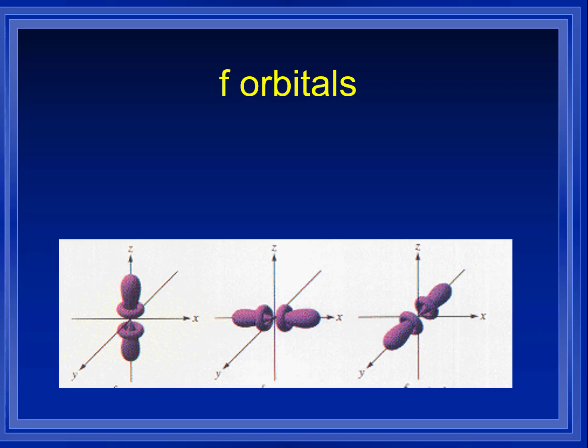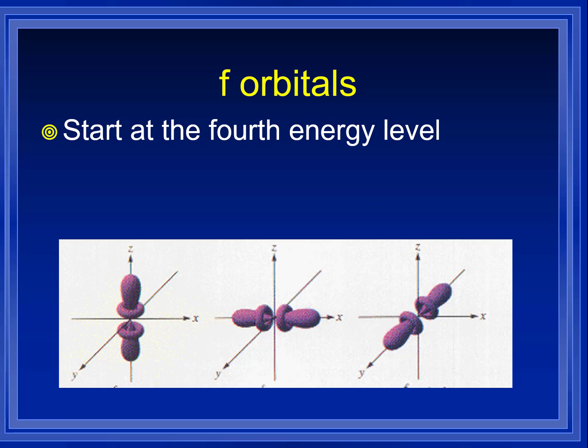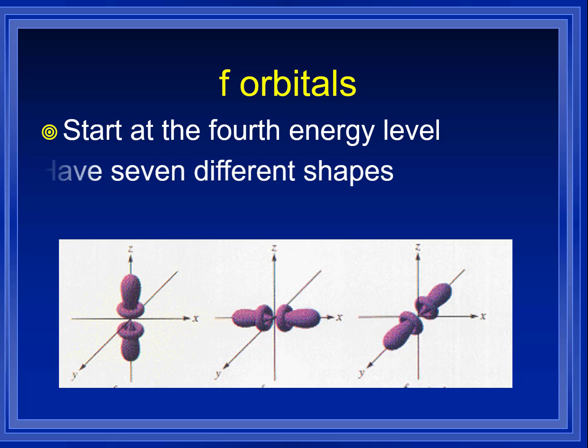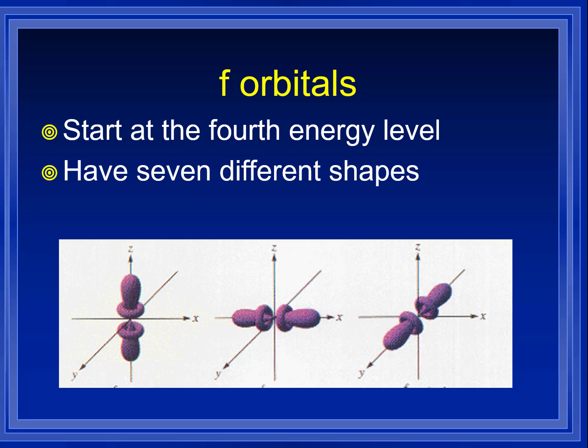Okay. We should be able to fill in the next few lines, right? It starts on the 4th energy level. 1, 3, 5, 7. I couldn't get all 7 on the screen. These 3 look alike. Each holds up to 2 electrons. So if you've got 7 shapes and each has room for up to 2 electrons, that's room for up to 14.